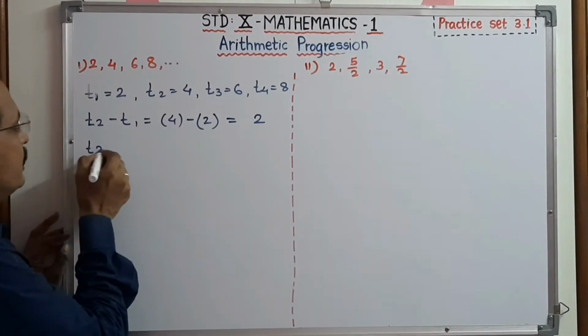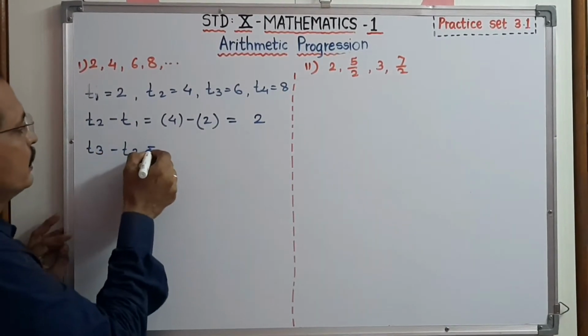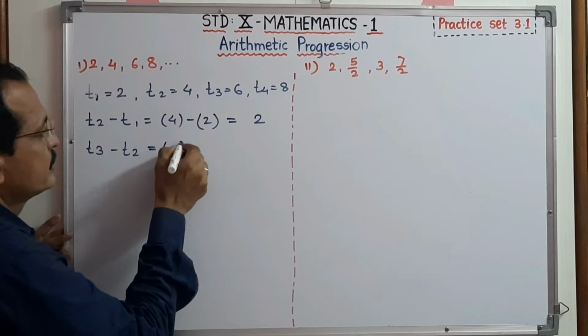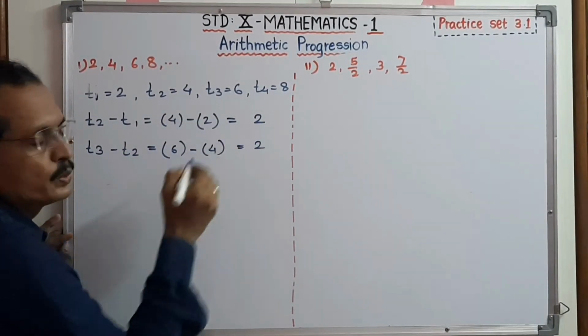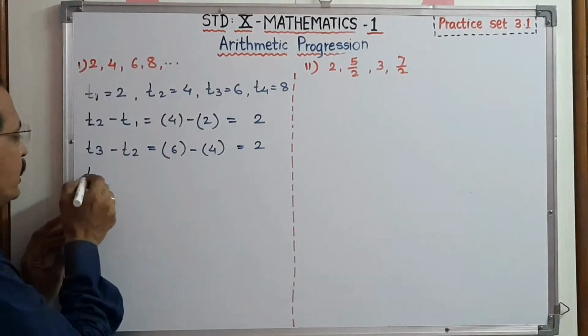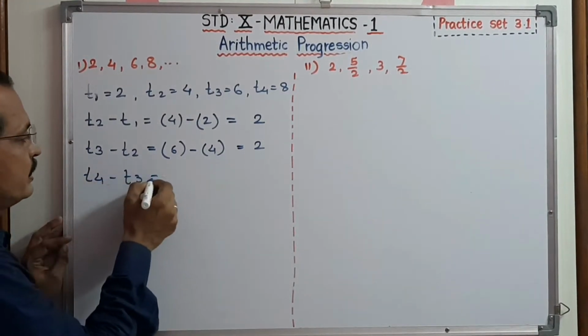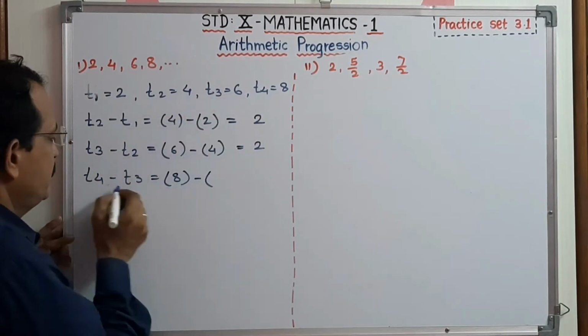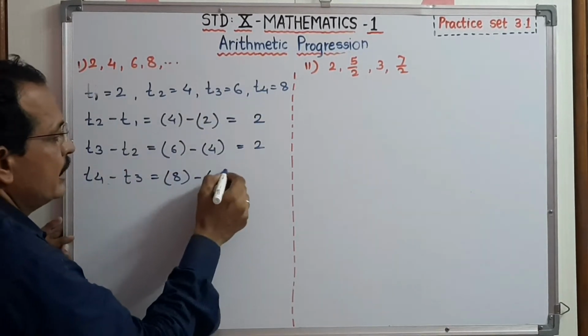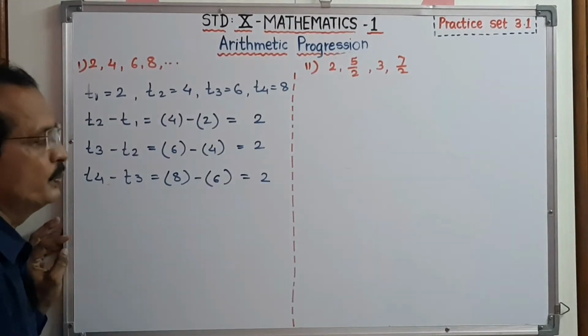Then T3 minus T2. T3 is 6 and T2 is 4. 6 minus 4, it is 2. Then T4 minus T3. T4 is 8 minus T3 is 6. 8 minus 6 is 2.